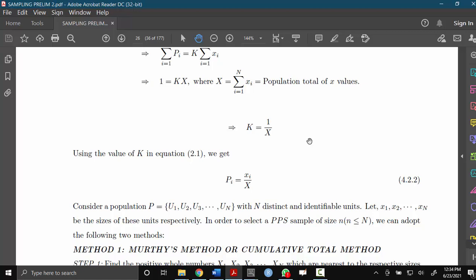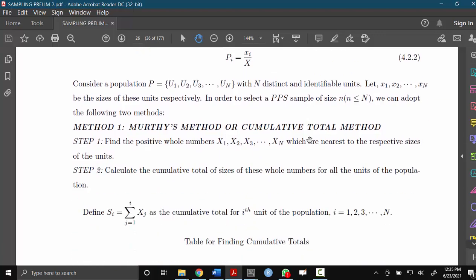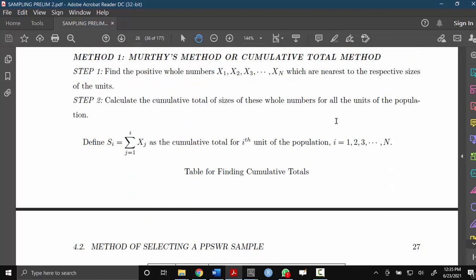Now let us know what Murthy's method, or the cumulative total method, is. It involves different steps. In the first step, we have to consider the sizes of the different units, that is X1, X2, X3, up to XN. I am writing the capital letters here. X1 is the size of the first unit, X2 the size of the second unit, and similarly XN is the size of the Nth unit.